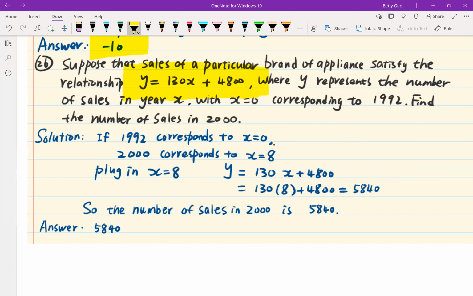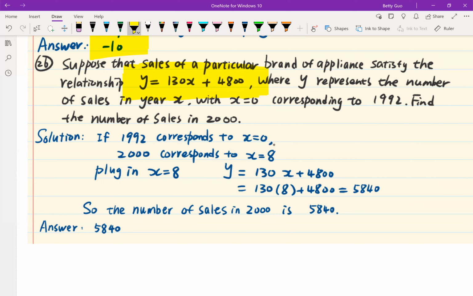So x here is the year. If x equals 0, that's the very beginning, the initial time. If x equals 0, then the year is 1992. So if x equals 1, you can see it's going to be 1993. If x equals 2, it is 1994, and so on.